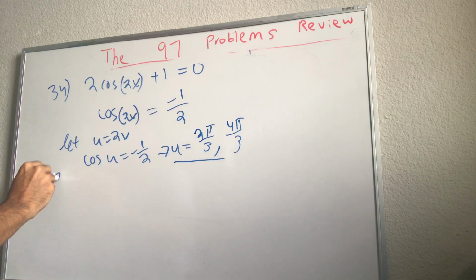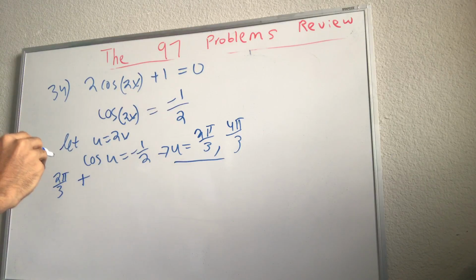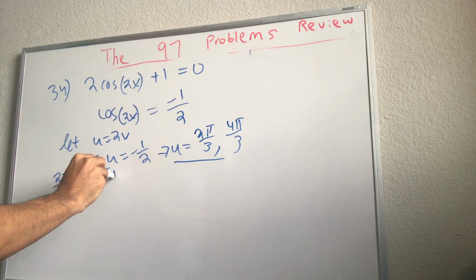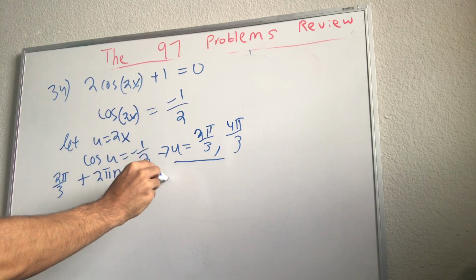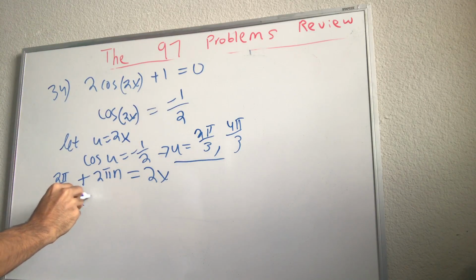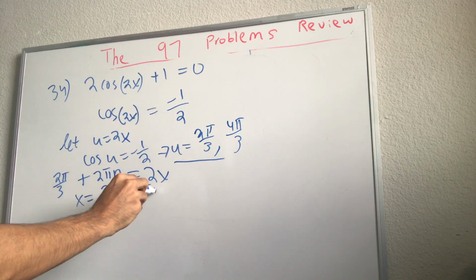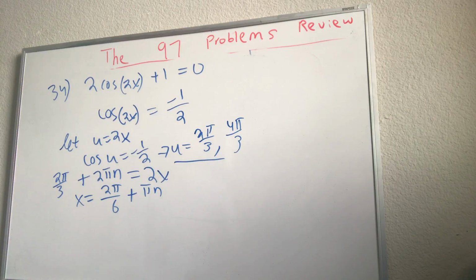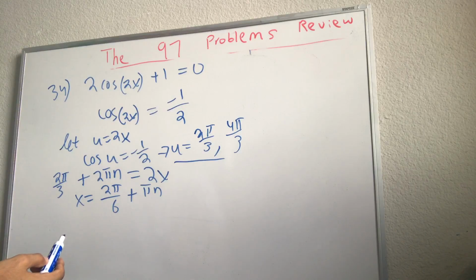Now we know that 2 pi over 3 plus 2 pi n must give you 2x. And so we can solve this by dividing both sides by 2. We get x is equal to 2 pi over 6 plus pi times n, because 2 pi n over 2 is just pi times n.